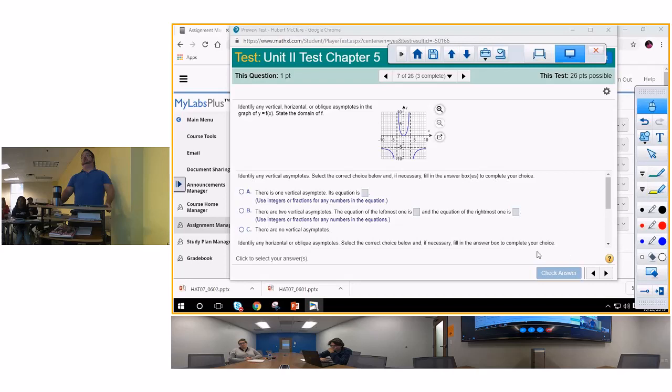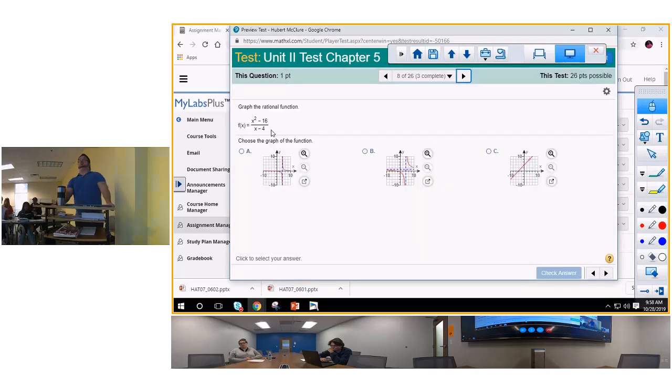Next. All right, this one, the x minus 4 is what? That's your vertical asymptote. So which one has a vertical asymptote of 4? B. You know it's not C, so it's either A or B. Now let's look. X squared divided by x. It goes in, so that means this is divisible into this.